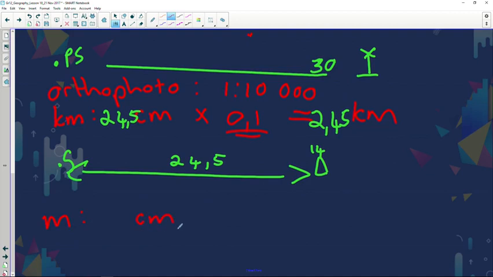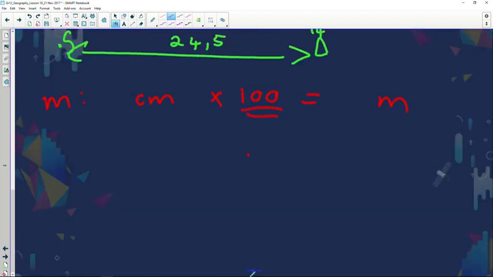Now, to get the correct answer in meters, you measure the distance from one point to another point, and you times it with your formula, which is 100. So let's say, for instance, the question states, measure the distance between the shop and the police station.